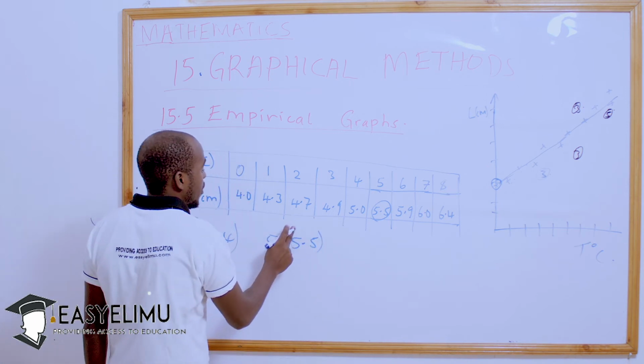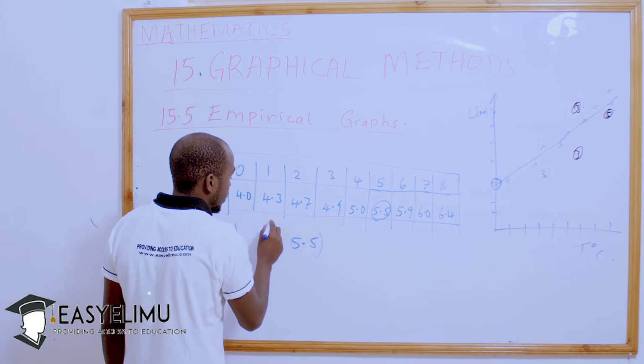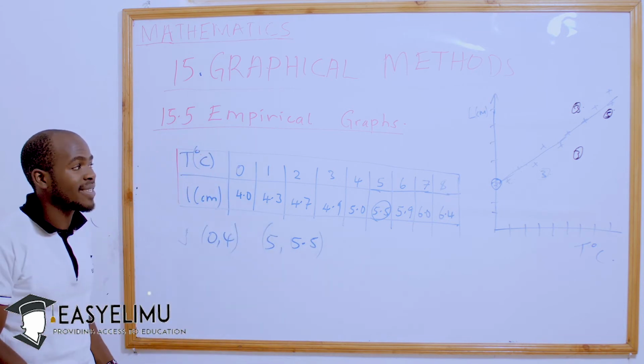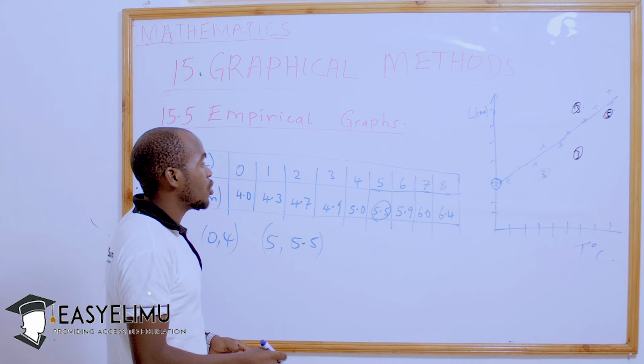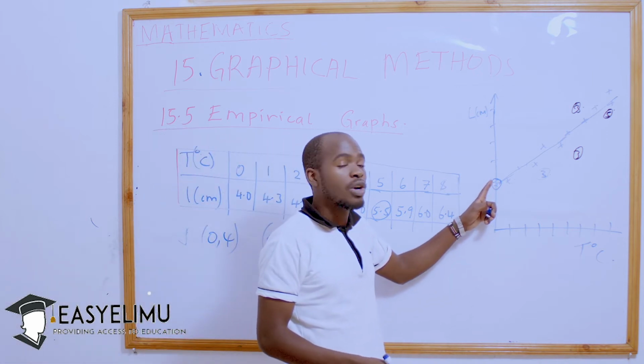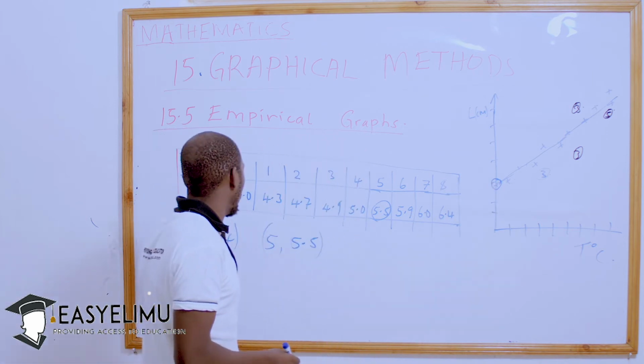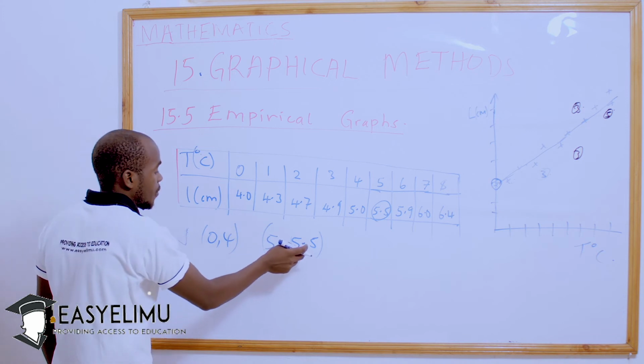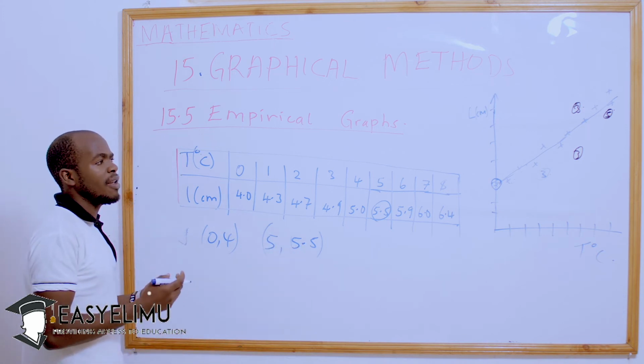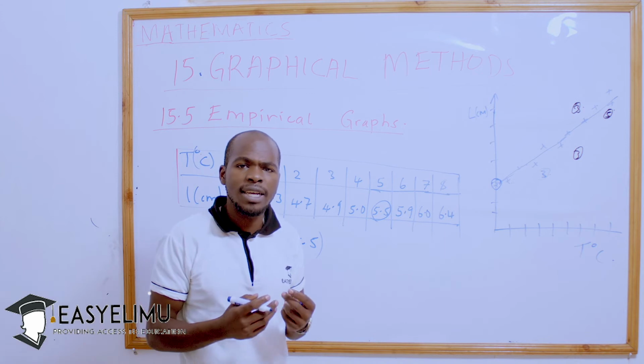That is the coordinate which the graph passes clearly through. And it also passes through the point (0, 4). So we can find out the gradient of that graph.